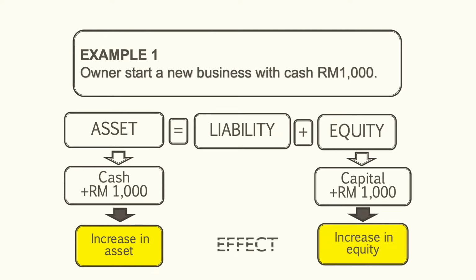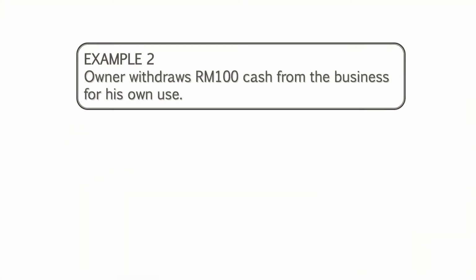So we go to the second example. The owner withdraws RM 100 cash from the business for his own use. The key point: the owner is withdrawing RM 100 cash, so that means the cash goes out.